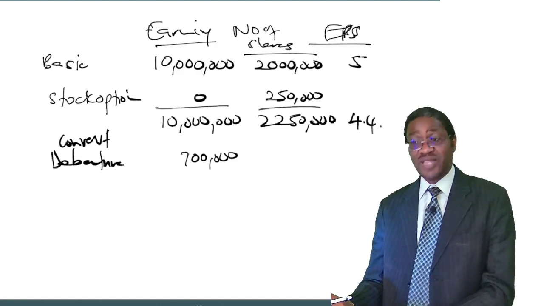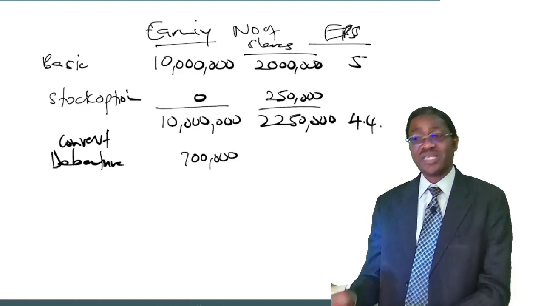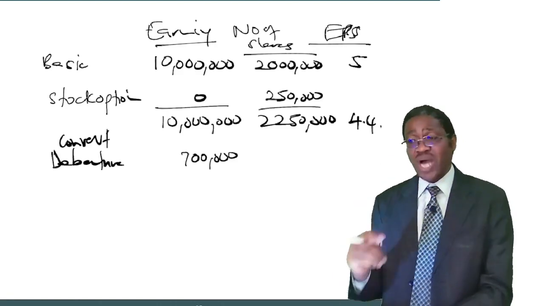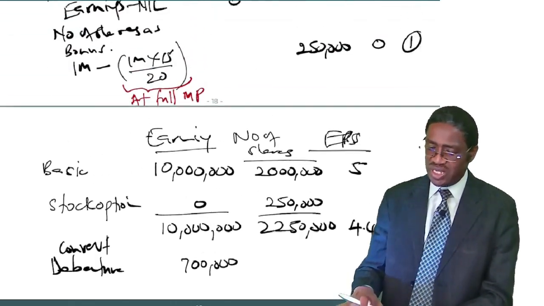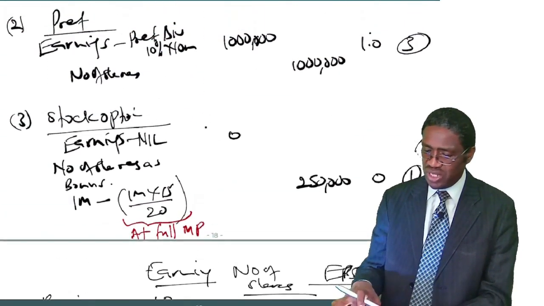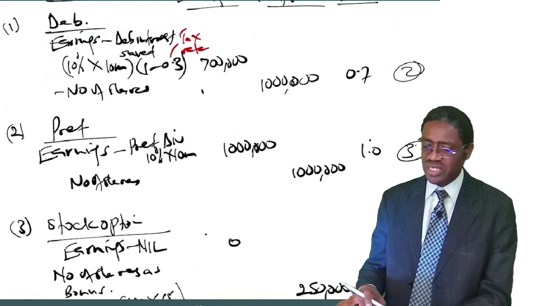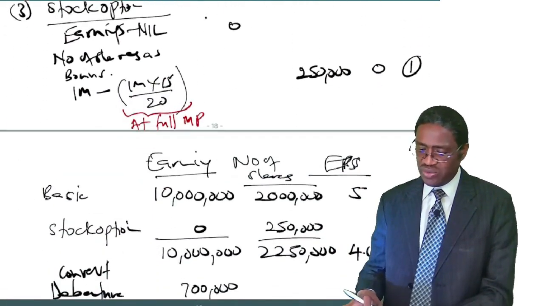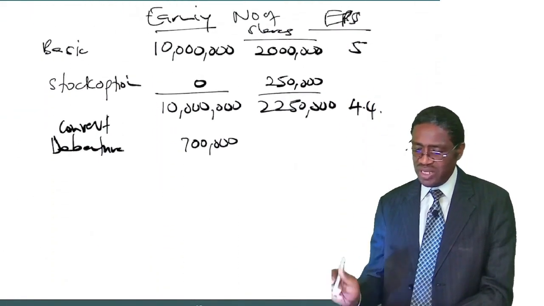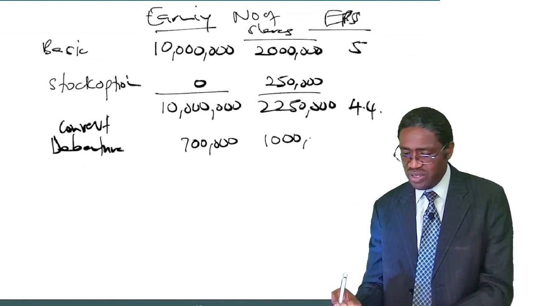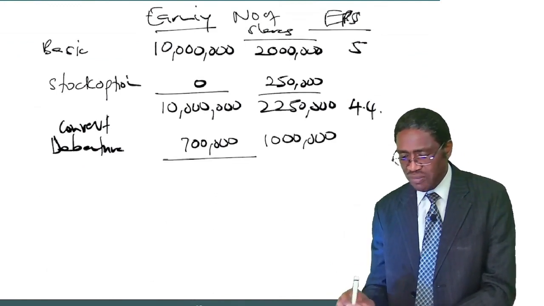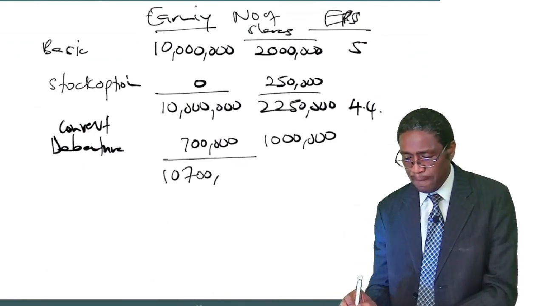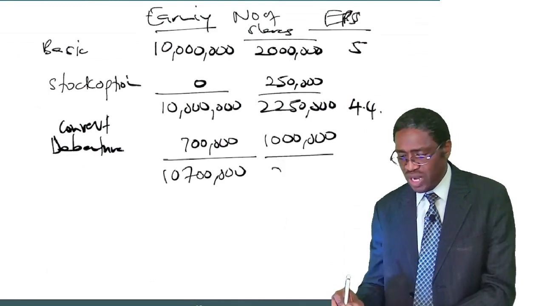Then we saw that if they had converted, you as a company would have issued to them how many shares? What was the incremental number of shares? Yes, here it was 1 million. So you come and increase the shares by 1 million. So this will come to 10.7 and this will now come to 32.50.